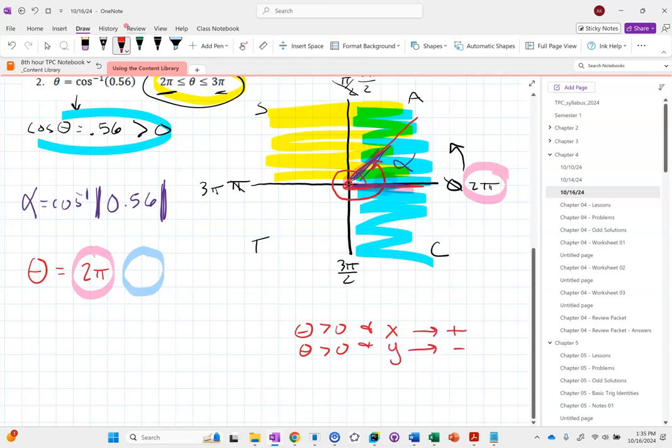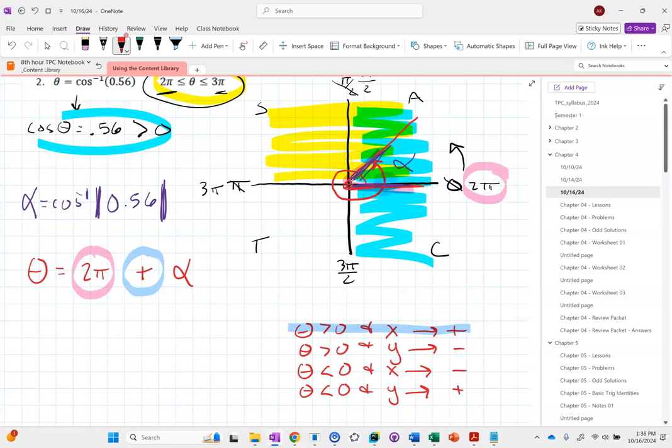If theta is positive and the last axis we cross is y, that means subtract. And if it's negative, those rules are flipped. So we are right here. So this should be plus, and the last thing is always alpha.